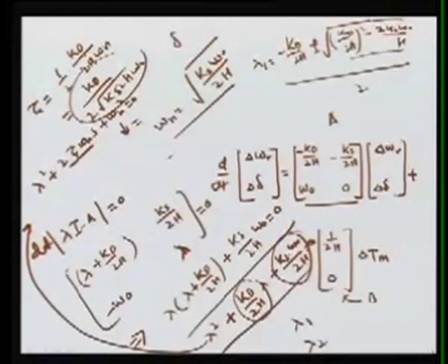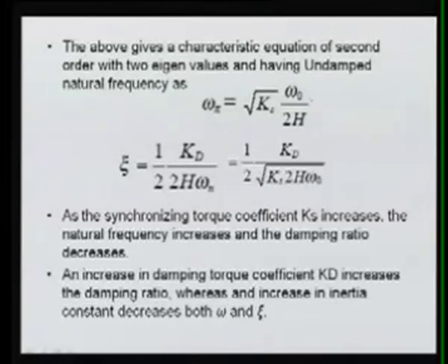Here again I have written the natural frequency and the damping ratio. So from the above characteristic equation, which I defined, the second order system has two eigenvalues with this undamped natural frequency and this damping ratio.